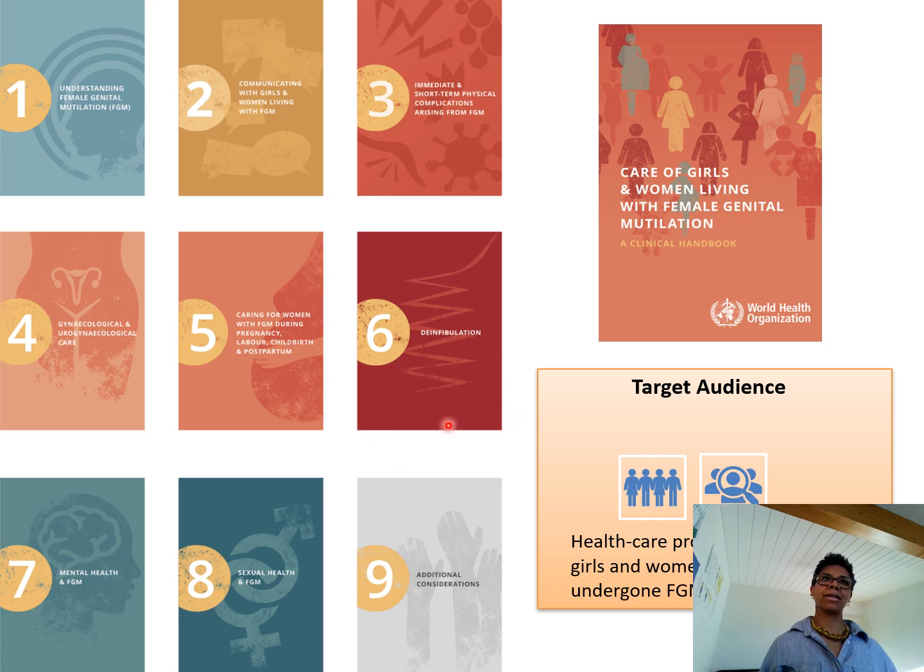The sixth, a big space to how to perform de-infibulation correctly. The seventh is on mental health, while the eighth is on sexual health and FGM. The ninth chapter is a set of additional considerations. So this, as you could see, is a clinical handbook, and it's really targeting providers who are caring for girls and women who have undergone FGM.